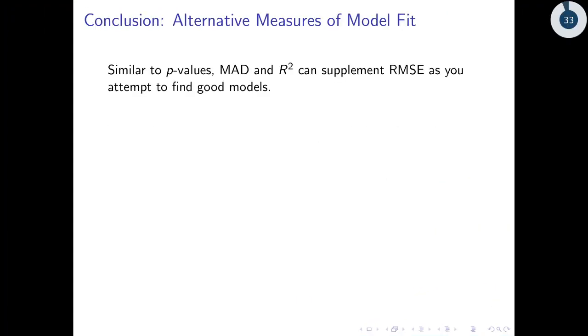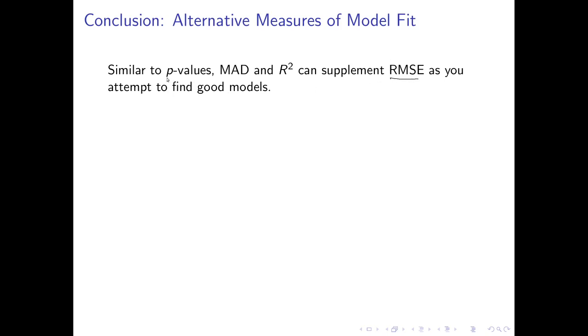All right. So let's wrap up alternative measures of model fit. What I want to say about them is that, similar to p-values, you can use mean absolute deviation and R squared to supplement RMSE, right? Again, similar to p-values, the idea is it's another perspective on what makes a good model. You can look at decreasing test RMSE.